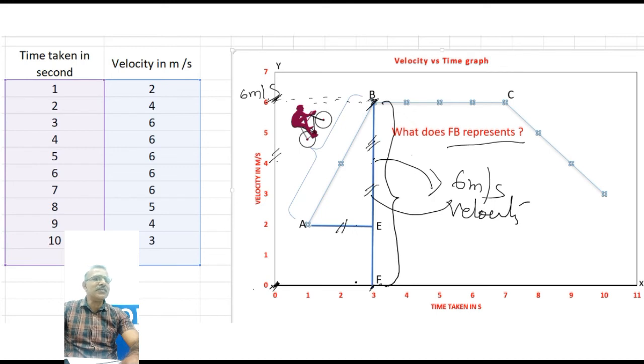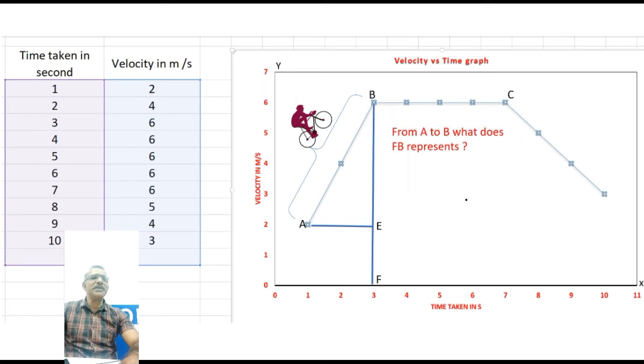The parallel axis of this line is time, so this represents the time axis. And how much velocity does it represent from here to here? It is 6 meter per second. So the answer is FB represents 6 meter per second, which is nothing but the final velocity when we consider only A to B. And what is the representation of final velocity? Small v, which is equal to 6 meter per second here.